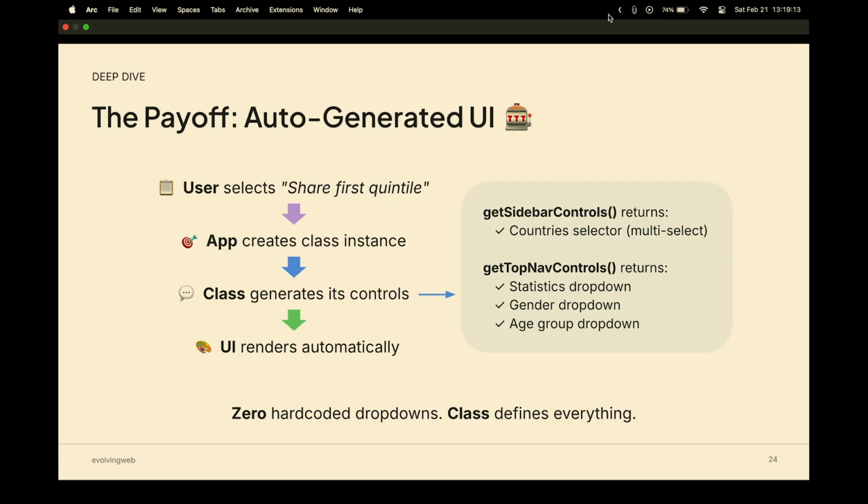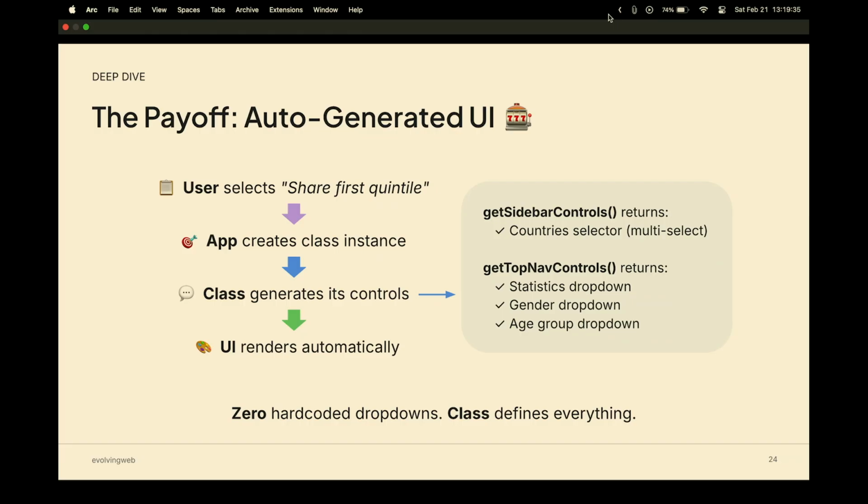That's how it's built. We use React, but it's going to work the same for every framework. We have components everywhere. For example, we have a sidebar component that is going to read this method to know which controls it should render, and the same for the top nav control.